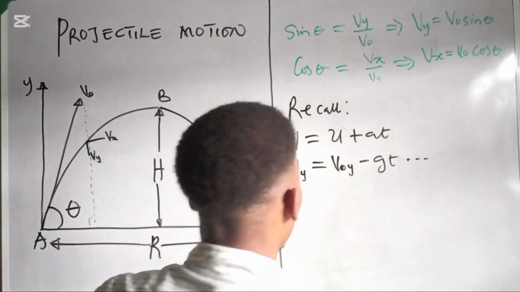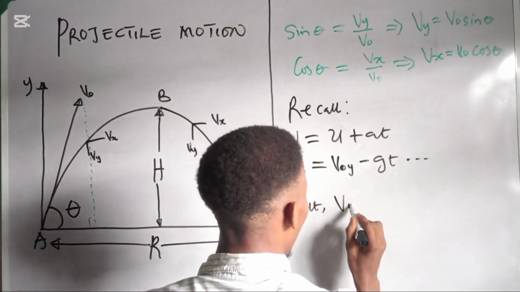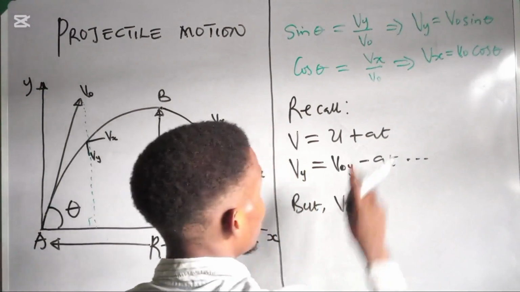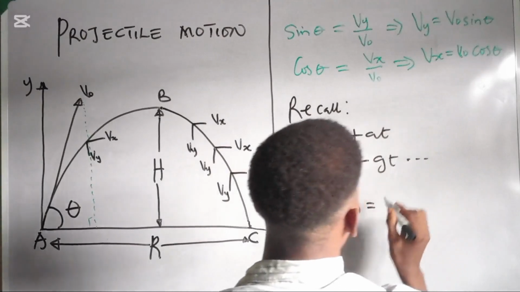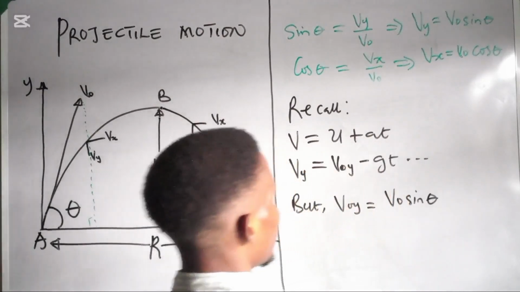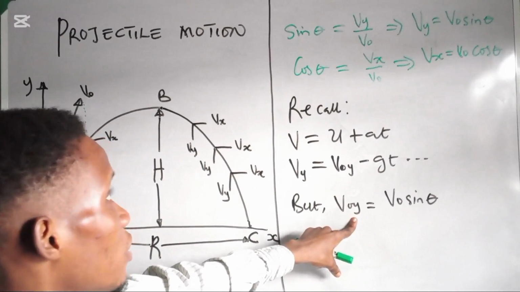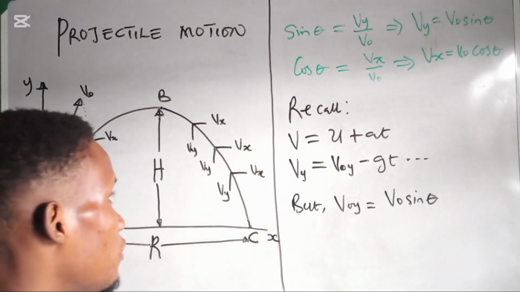But it doesn't stop there. We should also recall that V naught y is equal to V naught sine theta, because we are considering the vertical component.